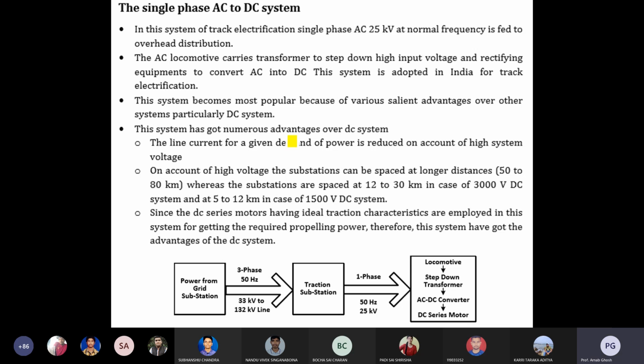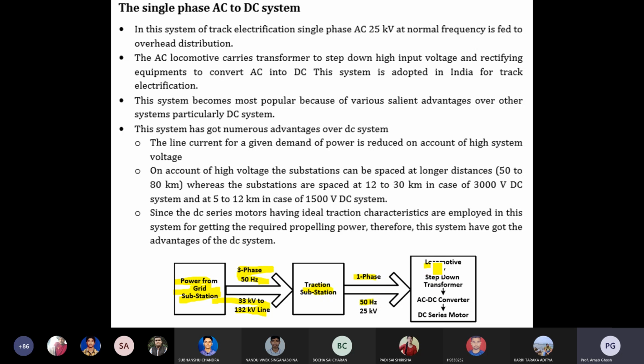Then the single phase AC to DC system. You get power from the grid substation, a three-phase 50 hertz system, with 33 kV to 133 kV lines. At the traction substations, normally you use single phase 50 hertz.